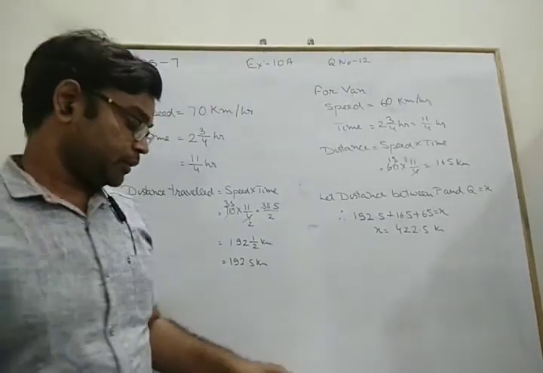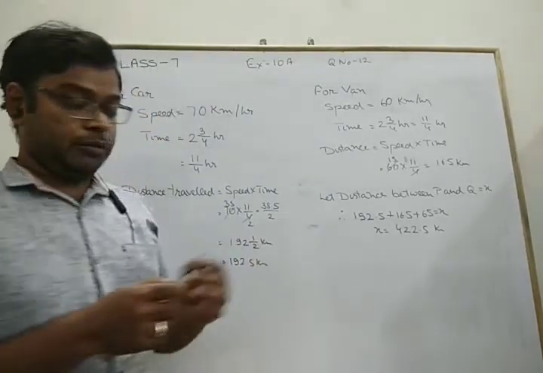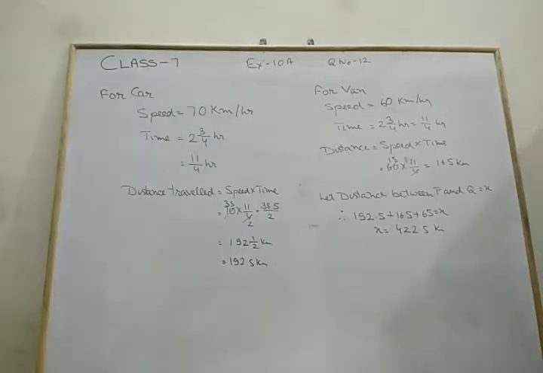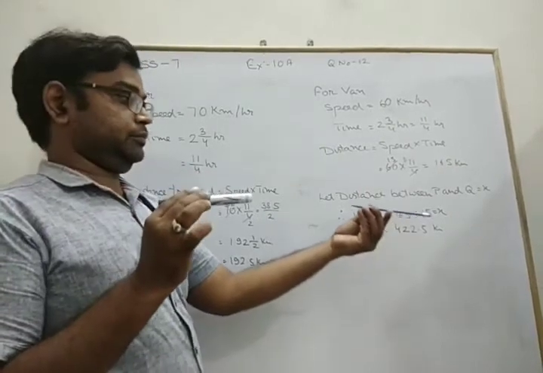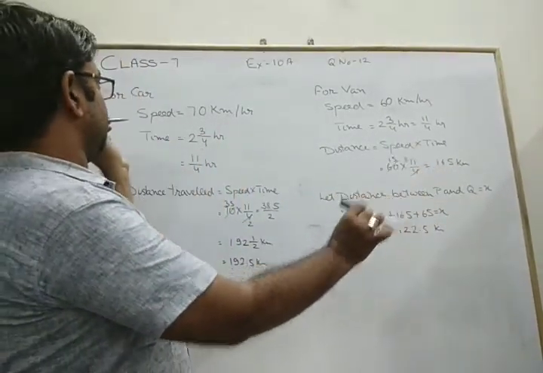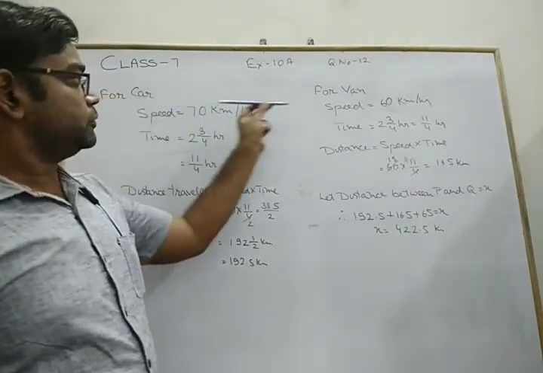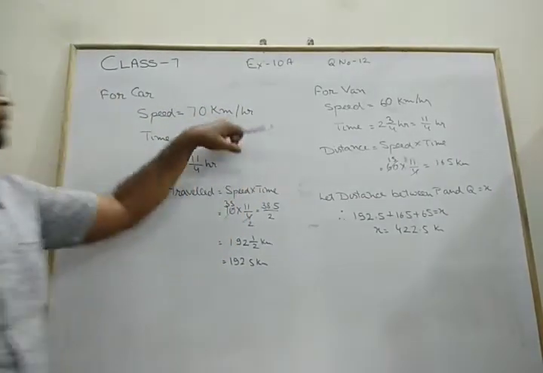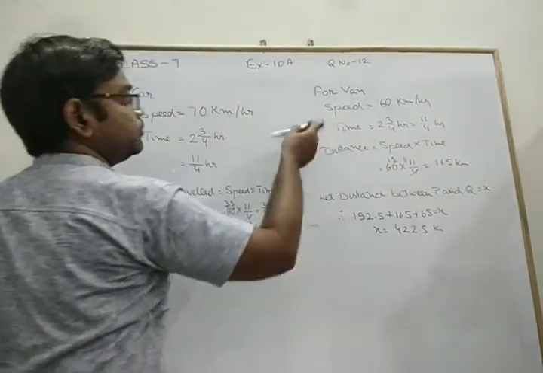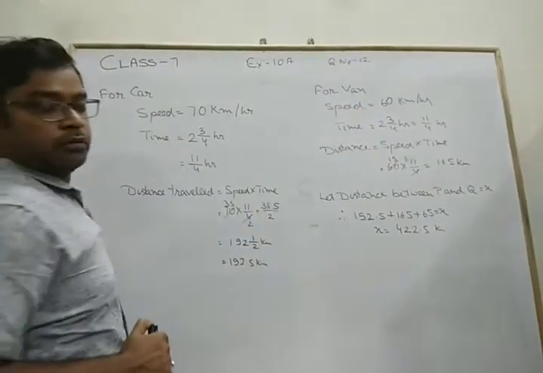Suppose this is your van, this is your car. The car is moving from P to Q with a speed of 70 km per hour, and the van is moving from Q to P with a speed of 60 km per hour.